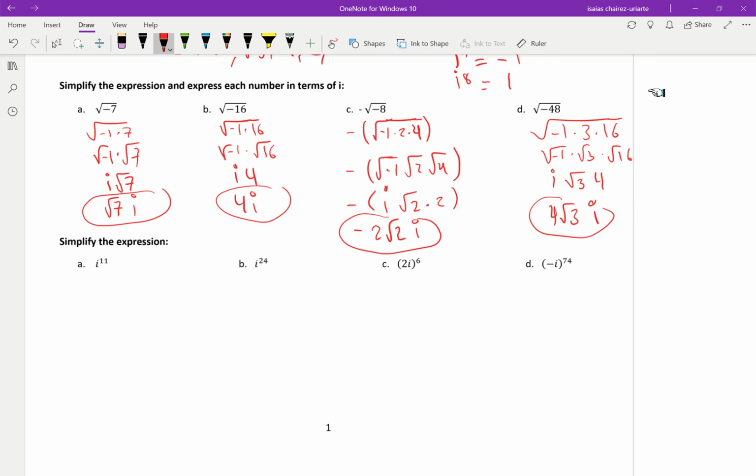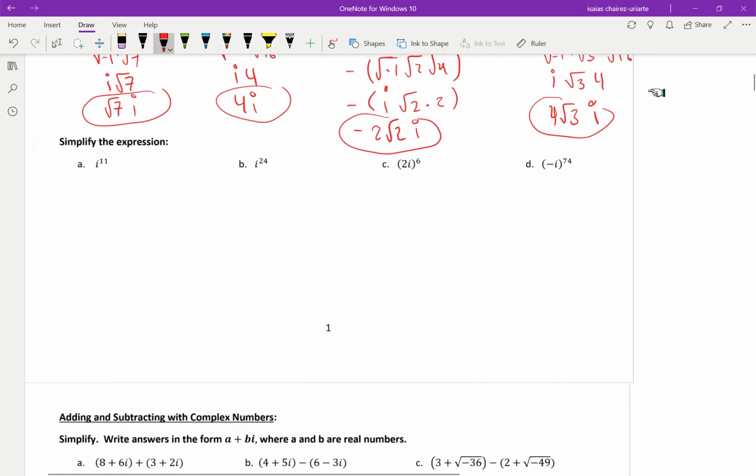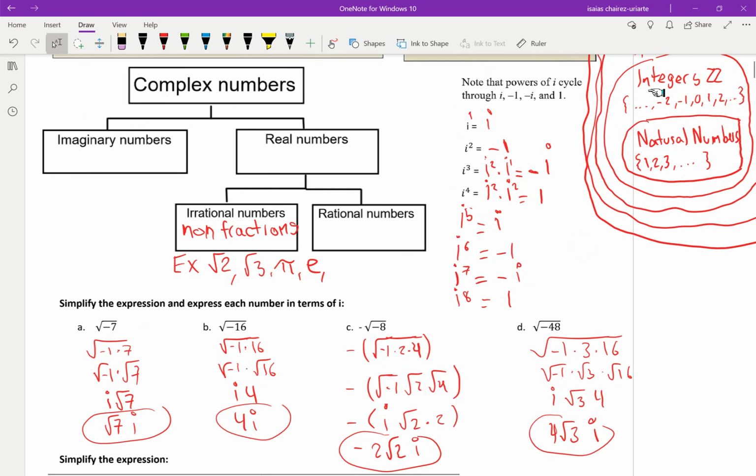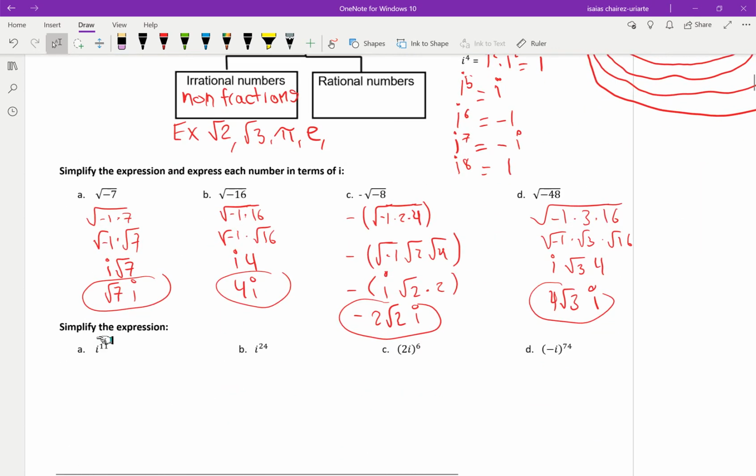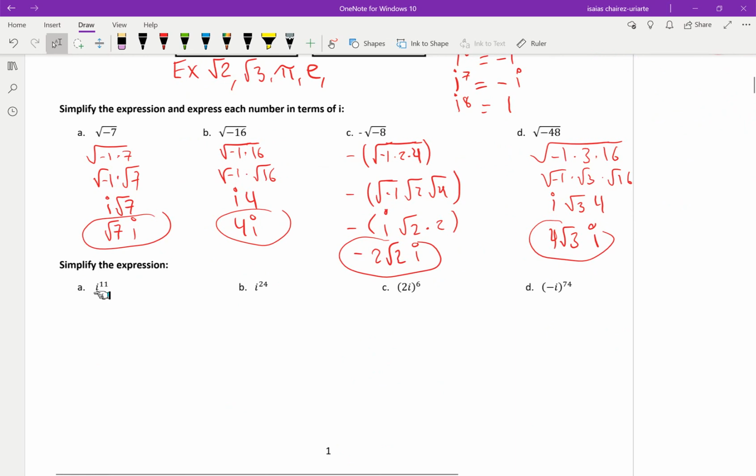All right, next thing. Let's play with powers of i. So remember, there was this little thing that we mentioned a second ago, that powers of i cycle. So let's see if we can answer this here. Let's try to simplify these expressions. i to the 11th.